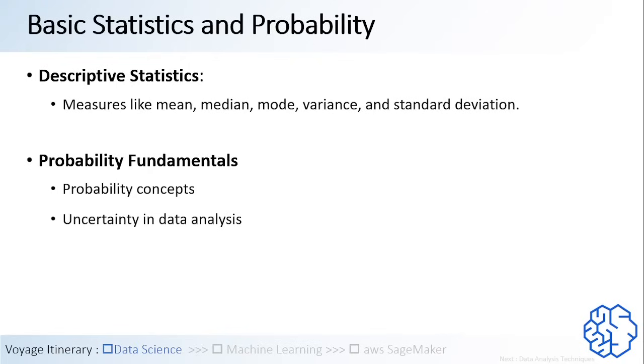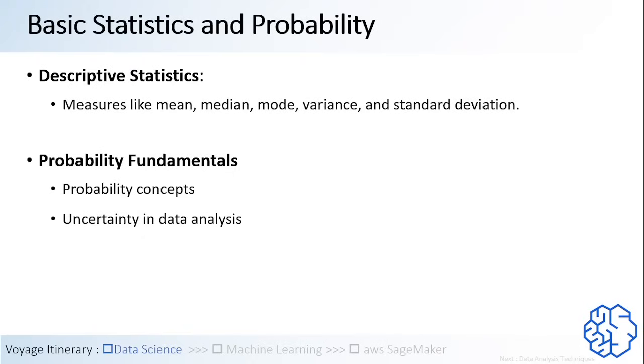Now the next concept that we will be learning, not in this session, but as a data scientist we should be aware of, is probability fundamentals. Why probability? Remember, the purpose of every machine learning program, every generative program, every database program is to make a prediction based on existing data. The prediction might be correct, might not be correct.